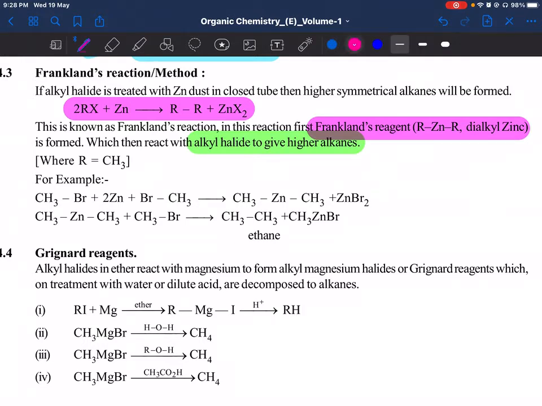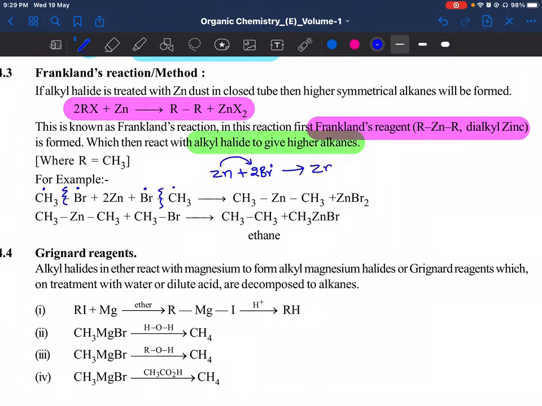See, students, here first homolytic cleavage takes place. Here a radical, and here also homolytic cleavage, so Br radical is there. To those Br radicals, one zinc metal and two Br radicals. Zinc has outermost 2 electrons, 4s2. It gives those 2 electrons to the two Br radicals.